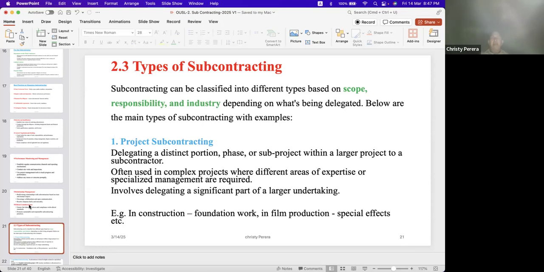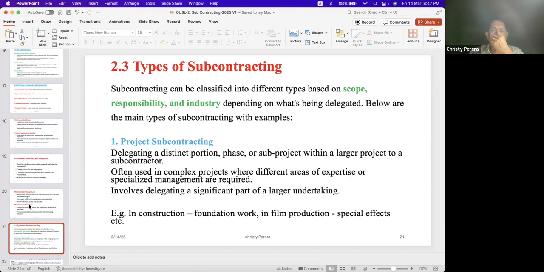The subcontracting types. One is project subcontracting. Delegating a distinct portion, phase, or sub-project within a larger project to a subcontractor.